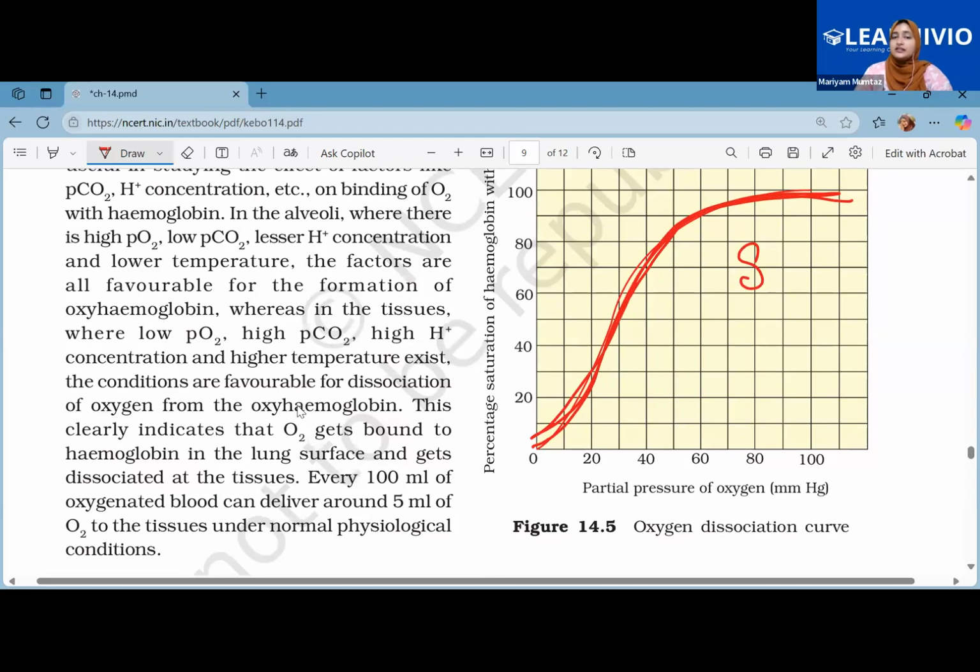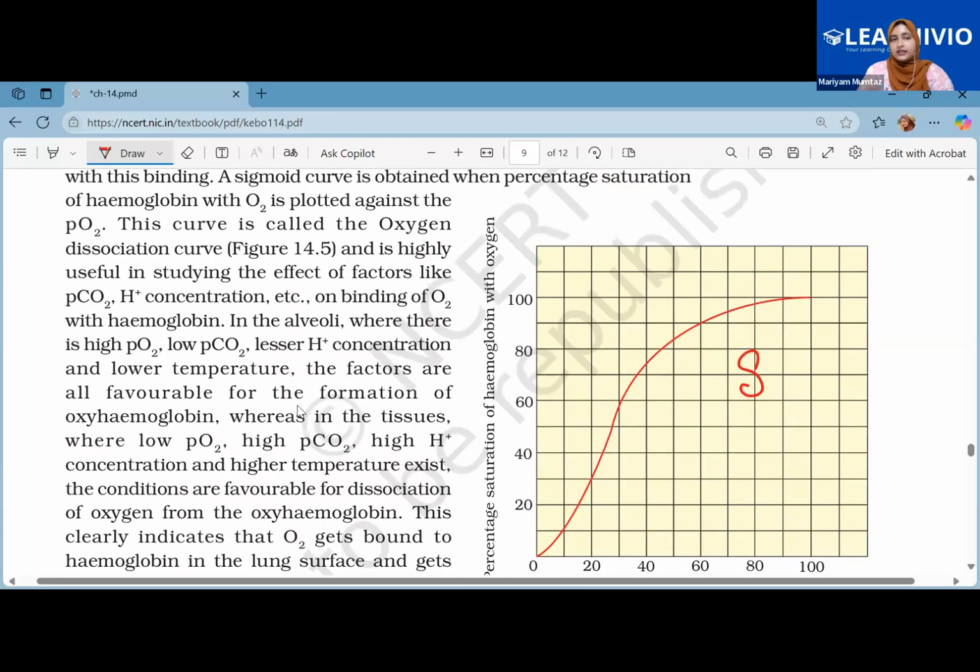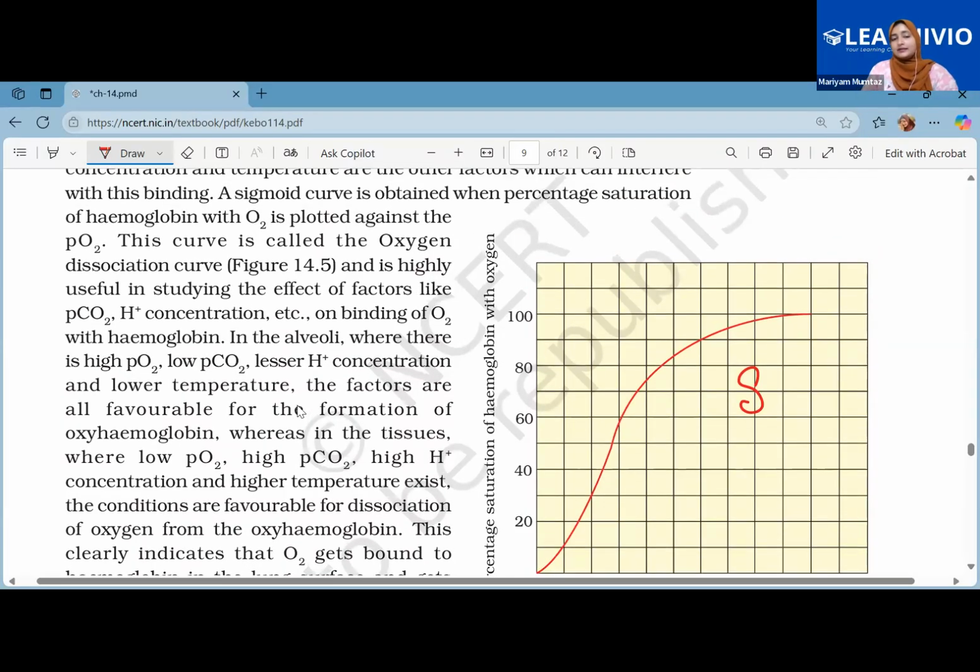This is when you're talking about the partial pressure of oxygen and when it is going to combine with the hemoglobin molecule. Now remember, let's just say the hemoglobin has combined with the oxygen. Now it's near a tissue that has more CO2. Since it has more CO2, it will need more O2.